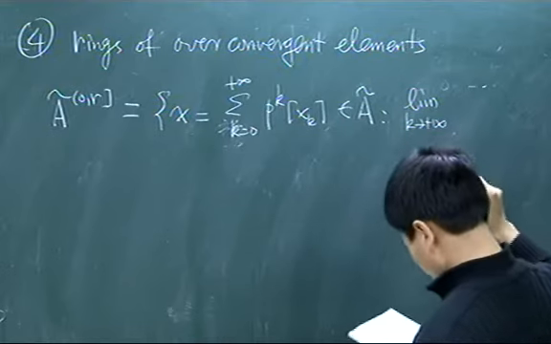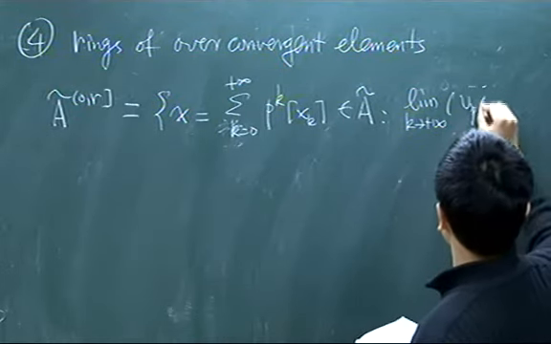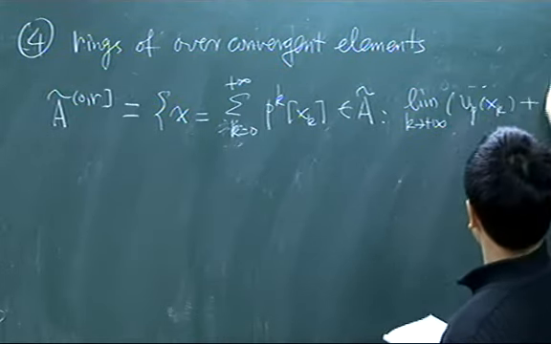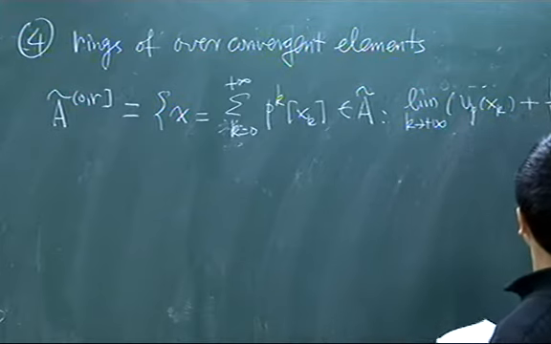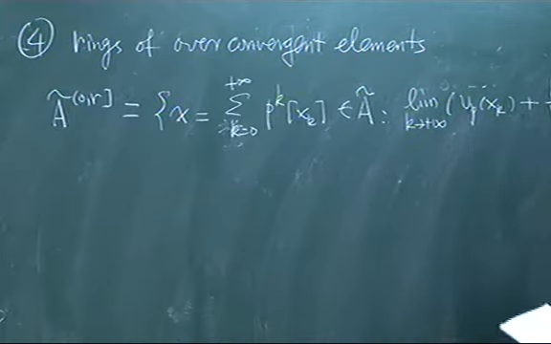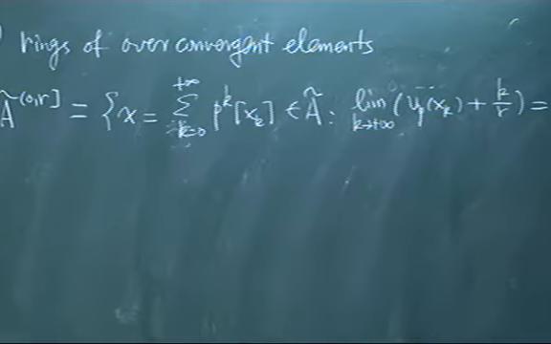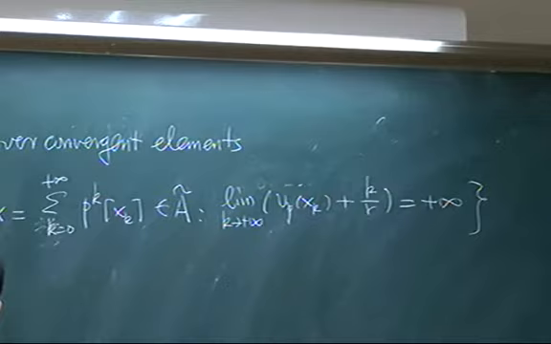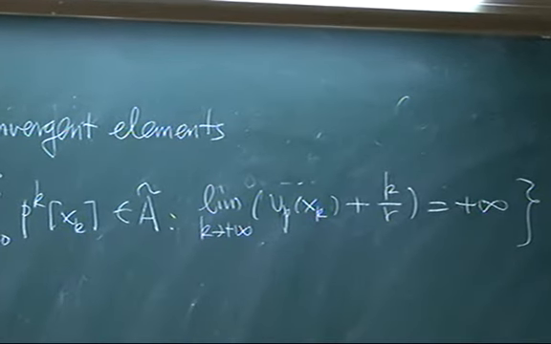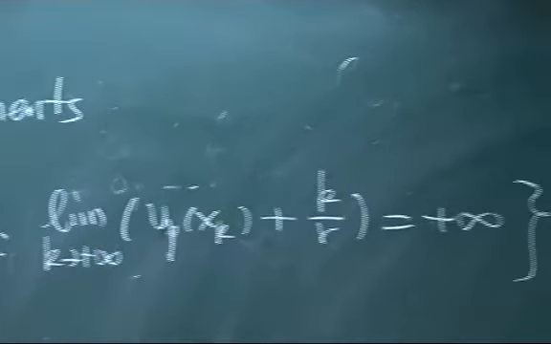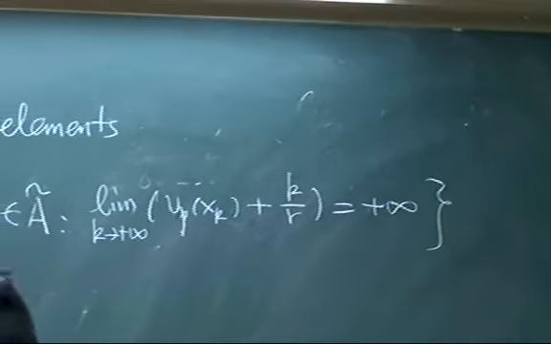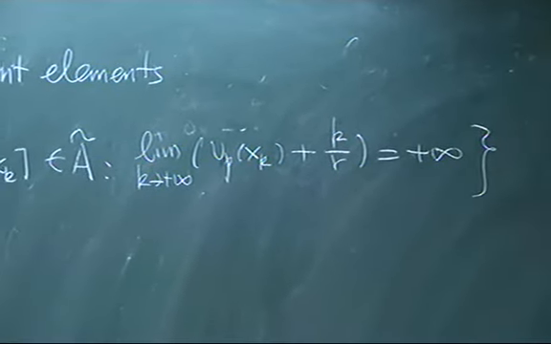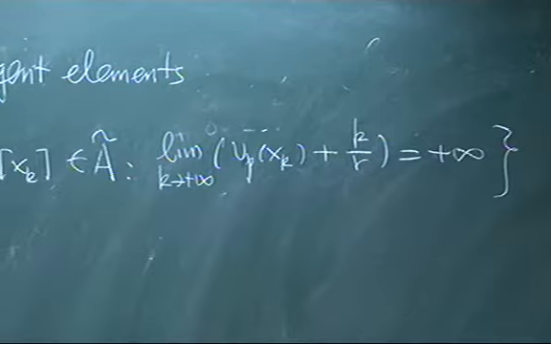And you want some notations, for example, limit k goes to plus infinity, vp of S of k plus k over r is plus infinity. But then this one you can also find this is about this.